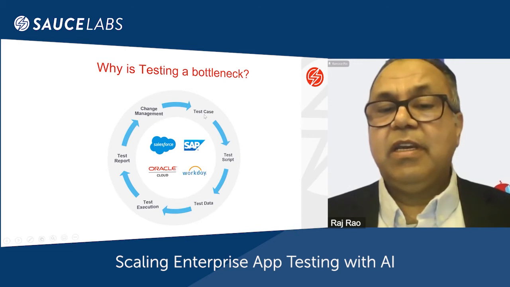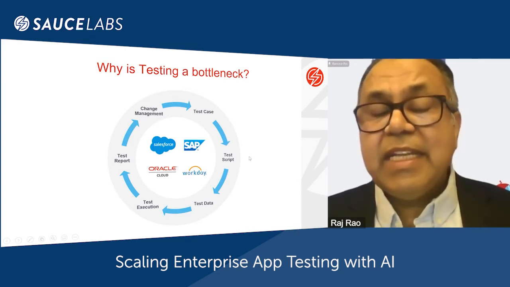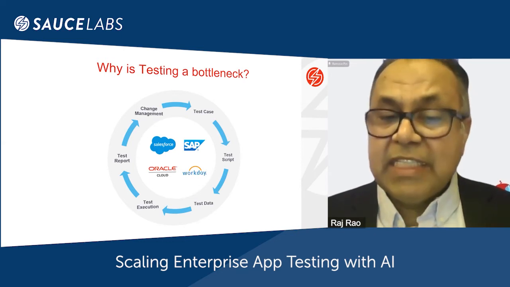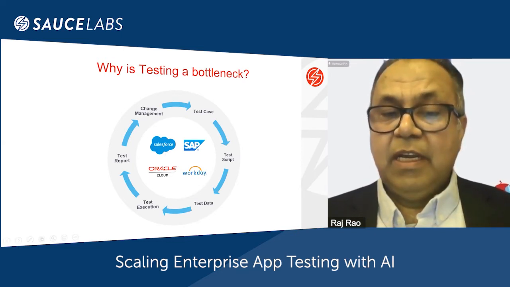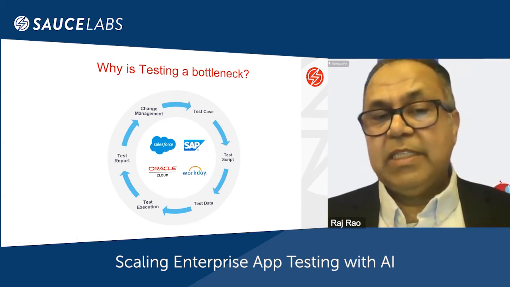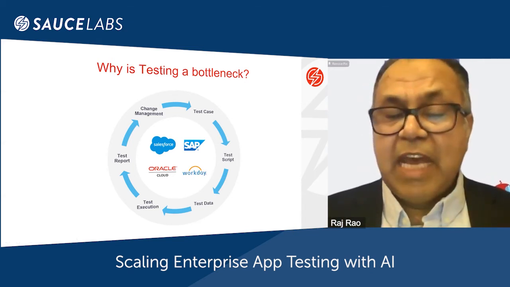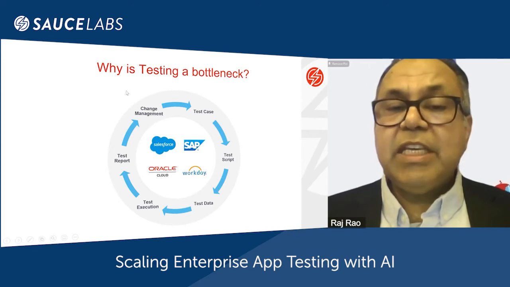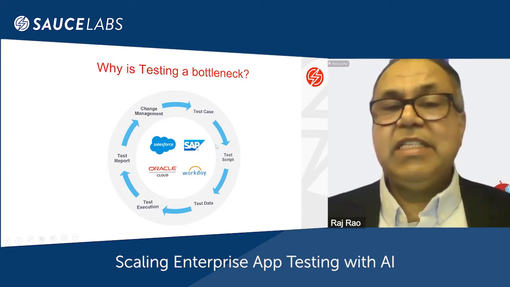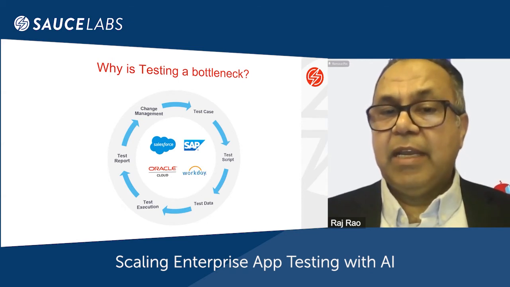Test case creation, writing a test script requires a test automation specialist. Test data has to be factored in. Somebody has to think of cross-browser, cross-OS, and create those environments. Somebody has to gather the test reports. So there is a human effort involved in all of this, and that is one of the reasons why testing is a bottleneck.